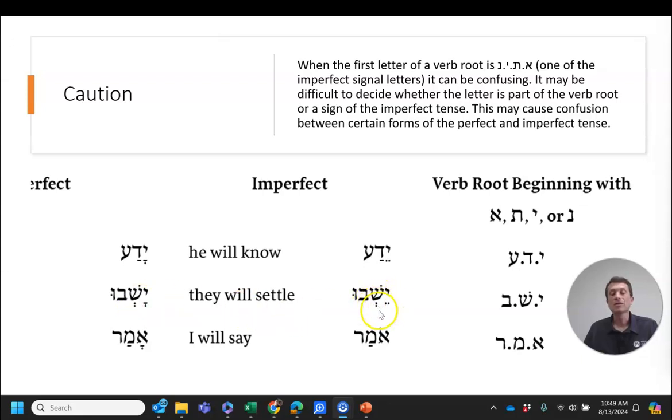So the tsere there should be a marker for you that this isn't a perfect. This must be one of the signal letters. Similarly with amar, that's the perfect of to say, versus omar, that's the imperfect, where the aleph signal letter has merged with the aleph of the root in this particular case. So being able to recognize those things is one of the trickier parts of the imperfect.